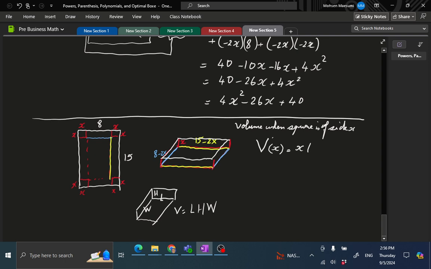That's the height of it. Then the blue dimension is 8 minus 2x, and the yellow dimension is 15 minus 2x. So we multiplied the three dimensions of this box. Each dimension depended on x because we have to decide how much we want to cut.